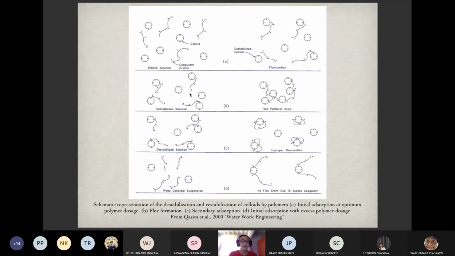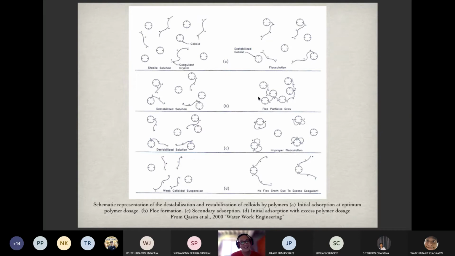But after the chemicals reach each particle, we need to promote collision. In order to promote collisions among these particles, we need to reduce the mixing speed. If we keep the same speed, what will happen? Instead of getting big flocs, we will get very small flocs again, and they will not settle to the bottom of the chamber.